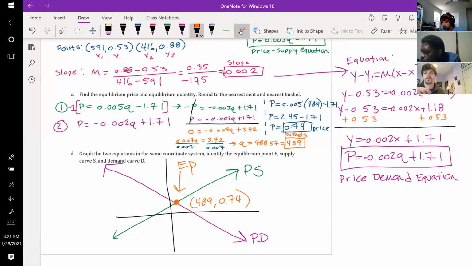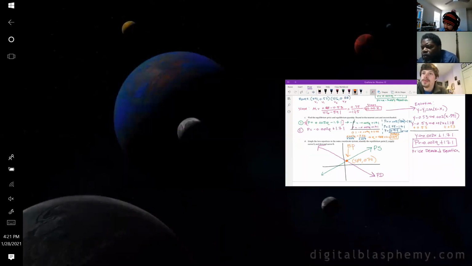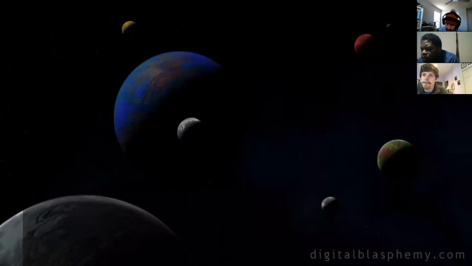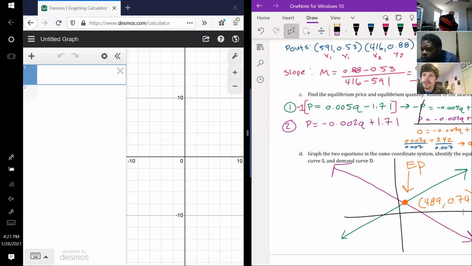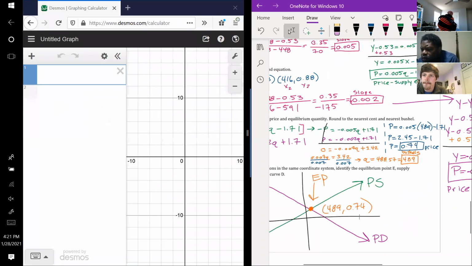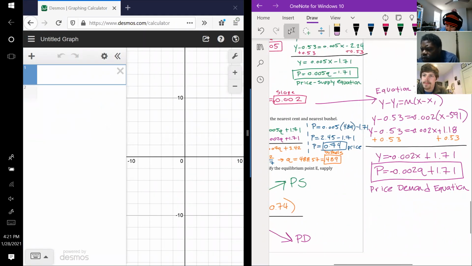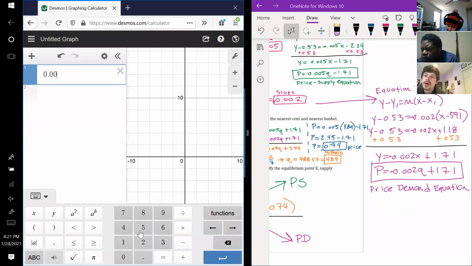But if you really wanted to check out the graph, then once again, we can always use Desmos. So let's see how that would work out. I'll go back to the graphing calculator. Over here, I'll type in my equation, but in terms of x, 0.005x minus 1.71.